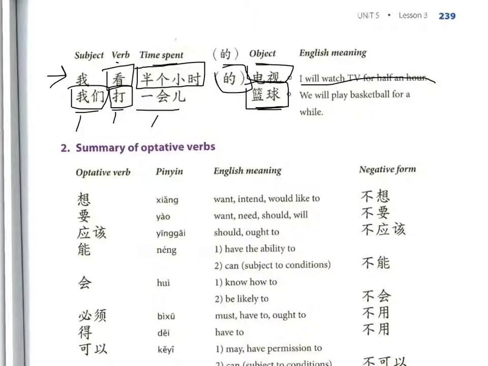And then we just add the time spent in between the verb and the object. So 我们打一会儿篮球. You could say 我们打5分钟的篮球. We're going to play basketball for 5 minutes. Or 我们打半个小时的篮球. We're going to play basketball for a half hour.